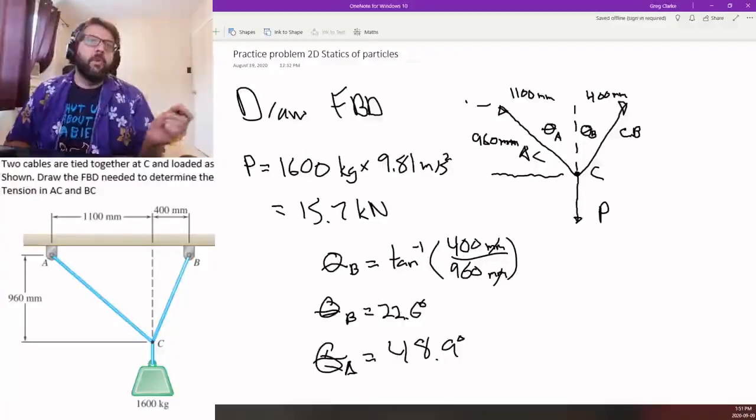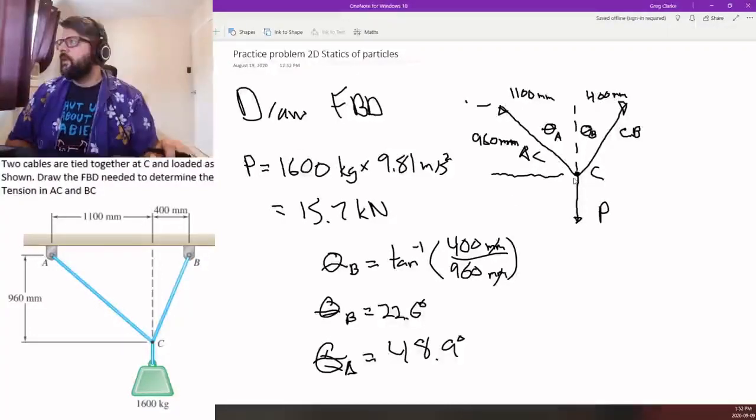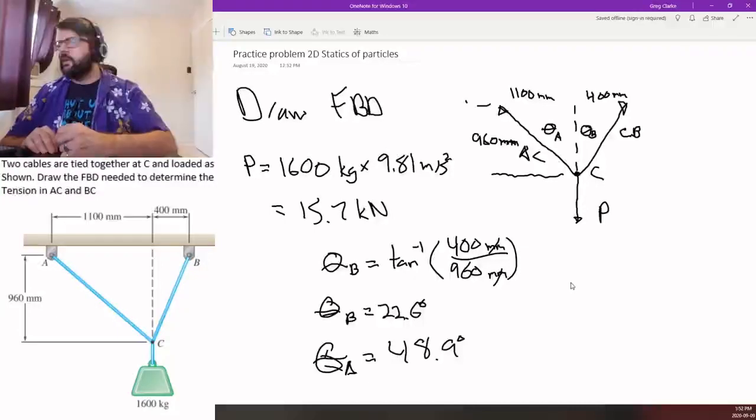So I'm going to keep going, and I'm going to actually determine what the tension in those cables are. So essentially, what we can do is find our equilibrium equations. So we are working with the points.